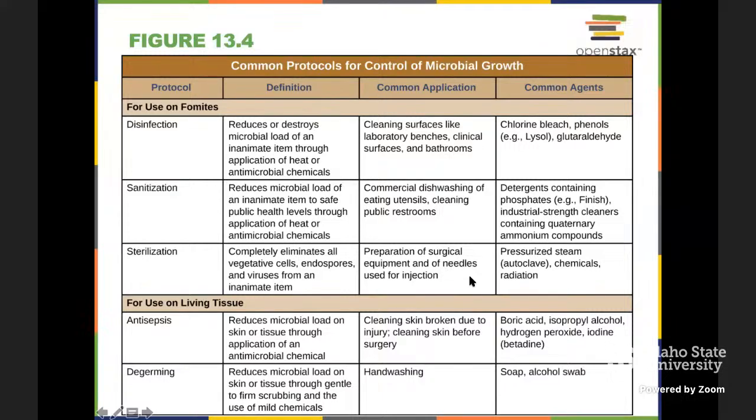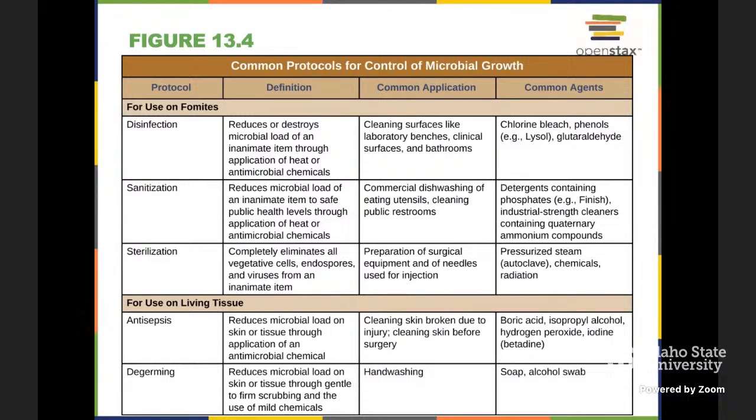So, stepping backward from that, to sanitization and disinfection, which are probably more common practices, because we're not autoclaving things at our house, but we are trying to clean. We think about sanitizing or disinfecting. So you're bringing down the amount of microbes, but you're not eliminating them all or killing them all.